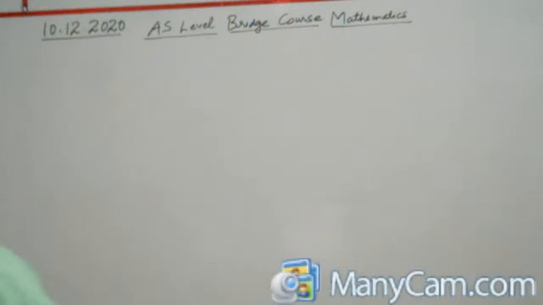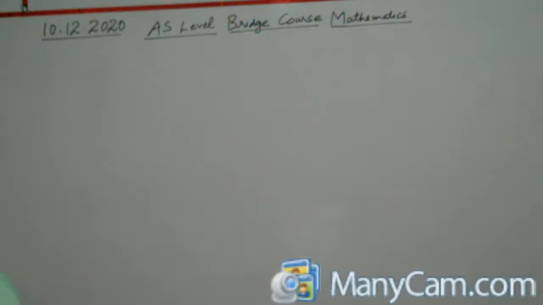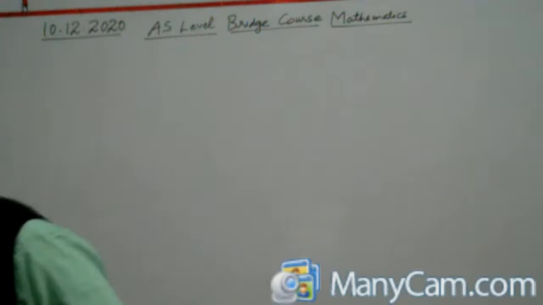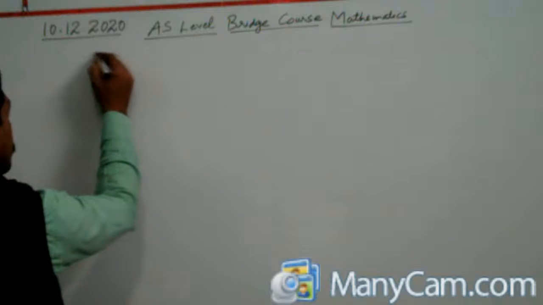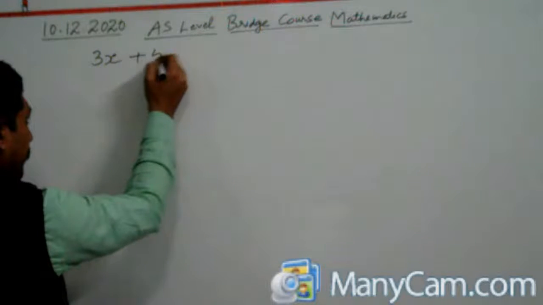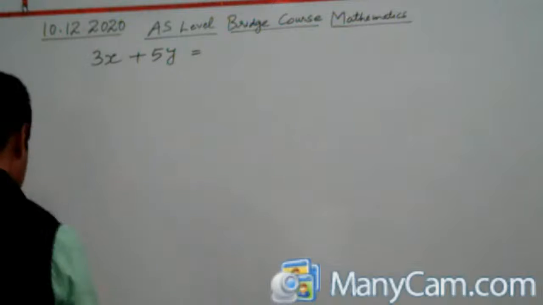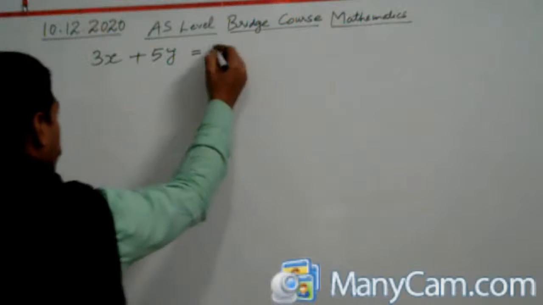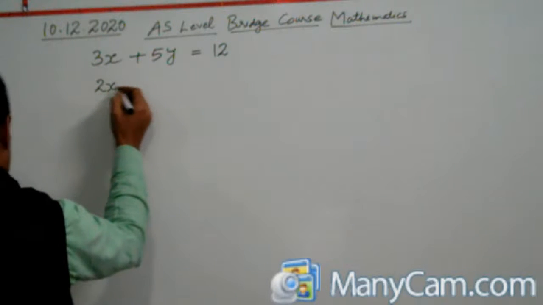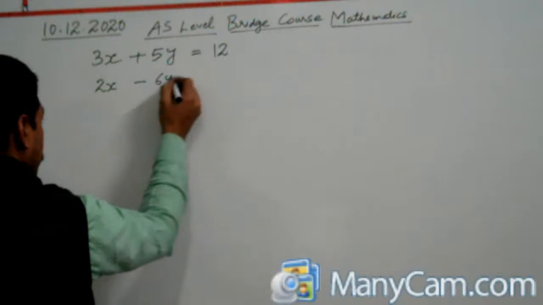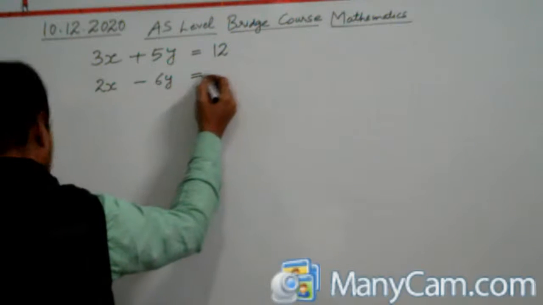So here we have some simultaneous equations like 3x plus 5y is equal to 12 and 2x minus 6y is equal to minus 20.